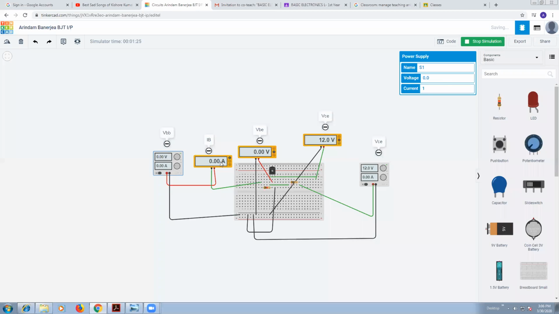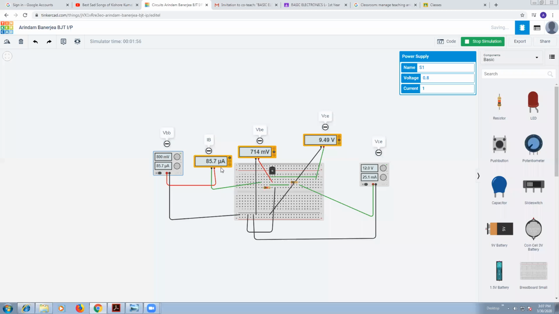Then 0.2, again the current is 0. Then 0.4, again 0. Then 0.6, also 0. Then 0.8, here the current is 85.7 microampere. Mind that IB should be in microampere.